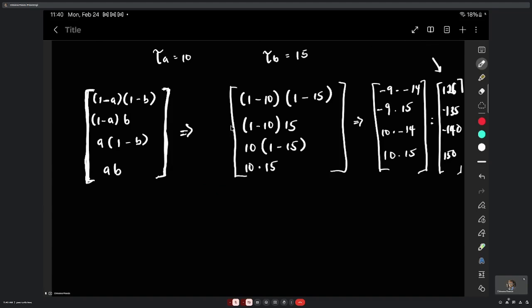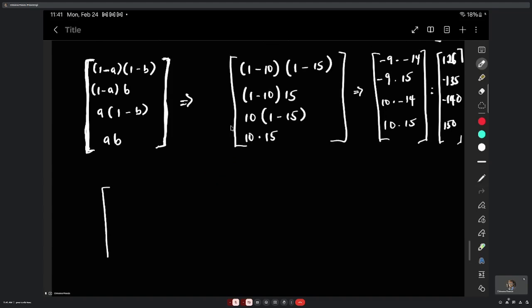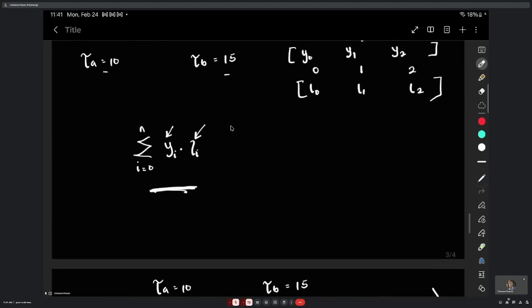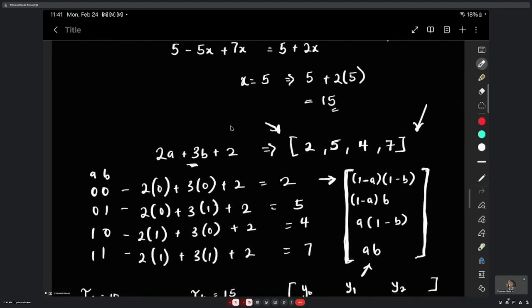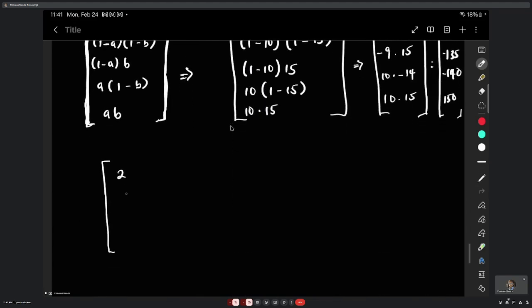Makes sense, right? So now we want to evaluate our polynomial. What was our initial array? 2, 5, 4, 7.